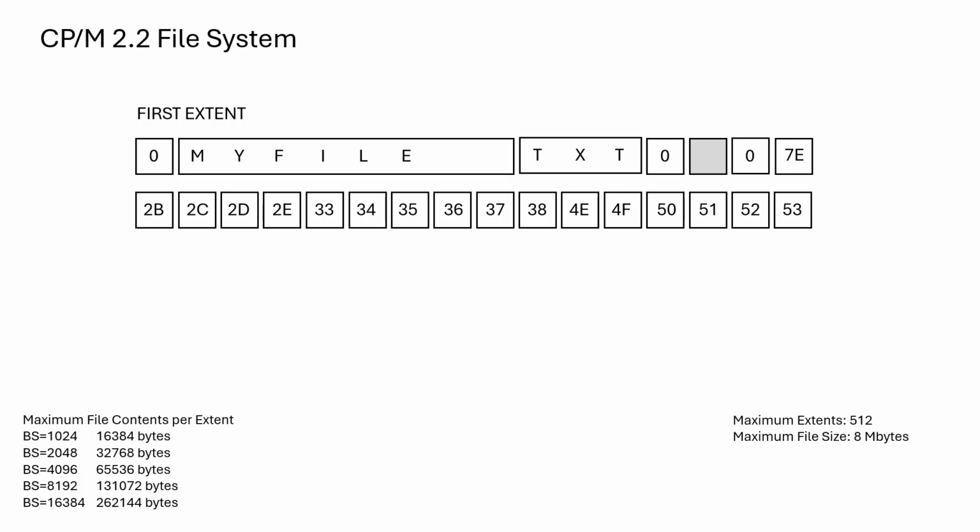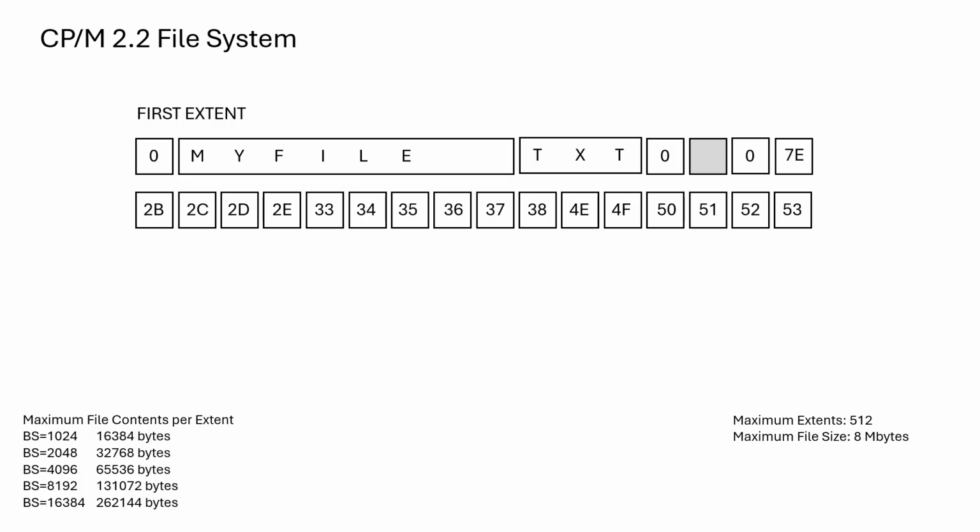And then because this is the first extent, this is the first directory entry, there's going to be a 0 in the LSB and a 0 in the MSB bytes. And then 7E just indicates how many sectors have been used in this extent, this directory entry. Notice that all the bytes for allocation blocks have been filled in. So this is a fairly large file.